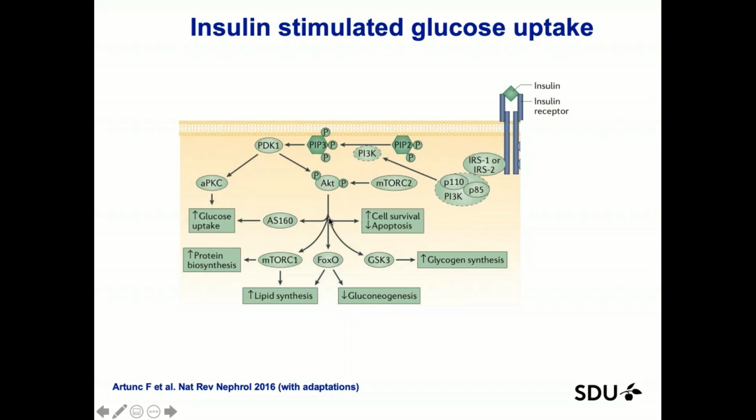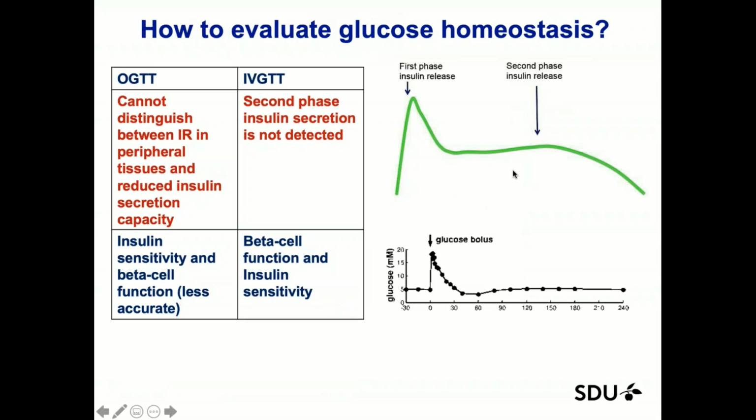We also see that downstream to AKT, we have glycogen synthase kinase, which is a key molecule regulating or enhancing the glycogen synthesis. Altogether, it's also important to highlight that impaired insulin signaling is tightly associated with insulin resistance. I will come to this later in my presentation.